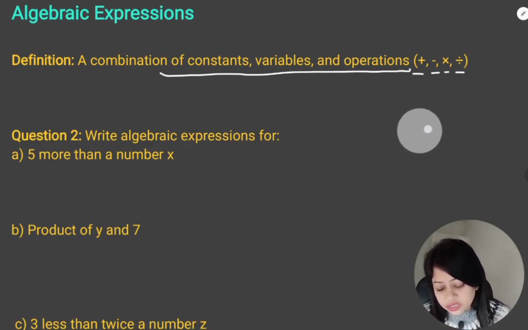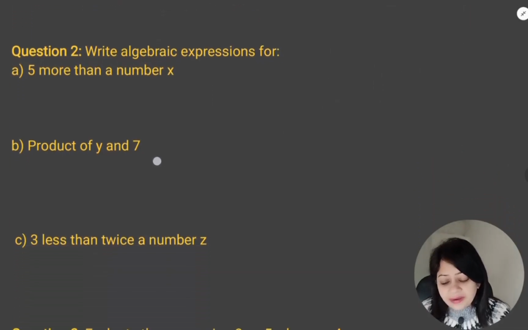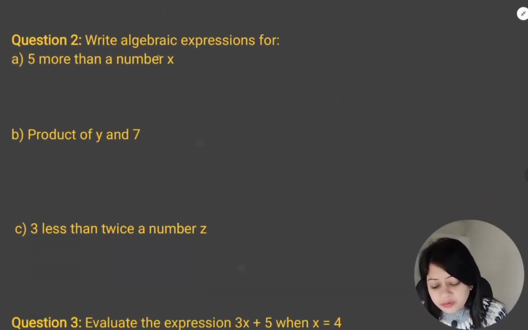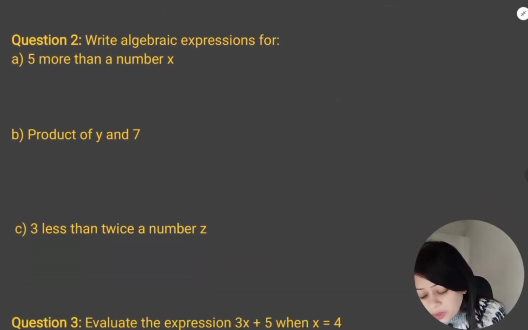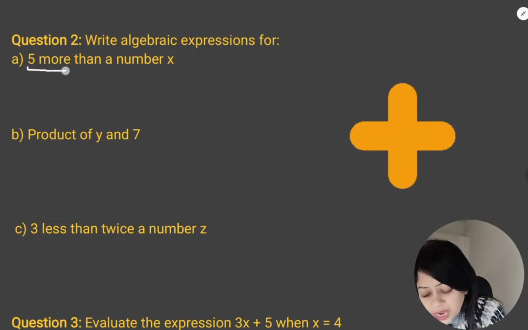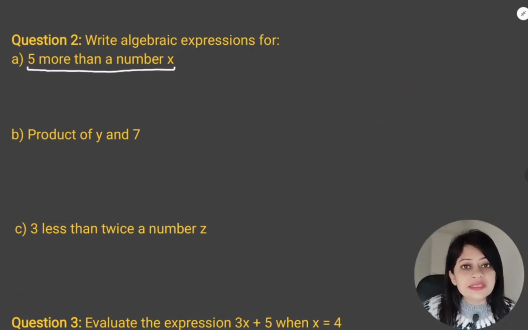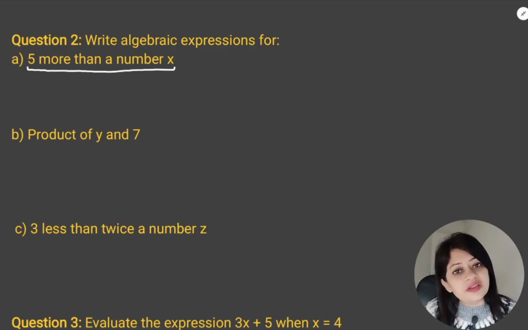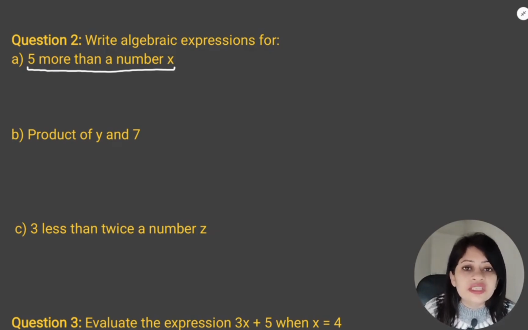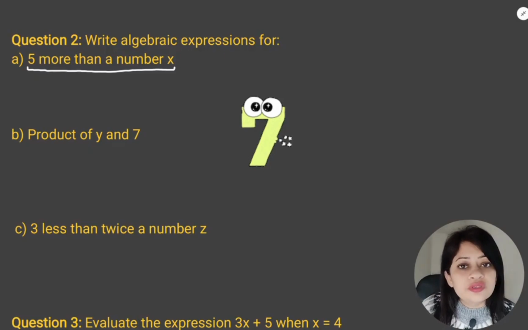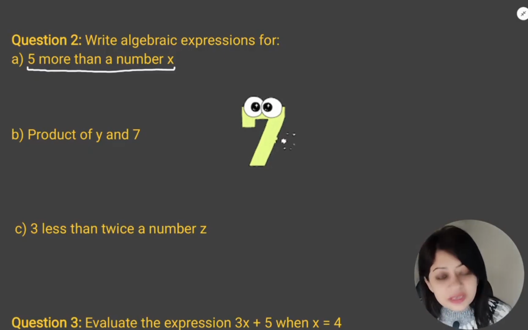We will do questions now. Question: write an algebraic expression for 5 more than a number x. 5 more than means, if I say I will give you 2 kroner more than your brother, suppose your brother is getting 5 kroner and you are getting 2 more, so you will get 7, right? 5 plus 2, 7.